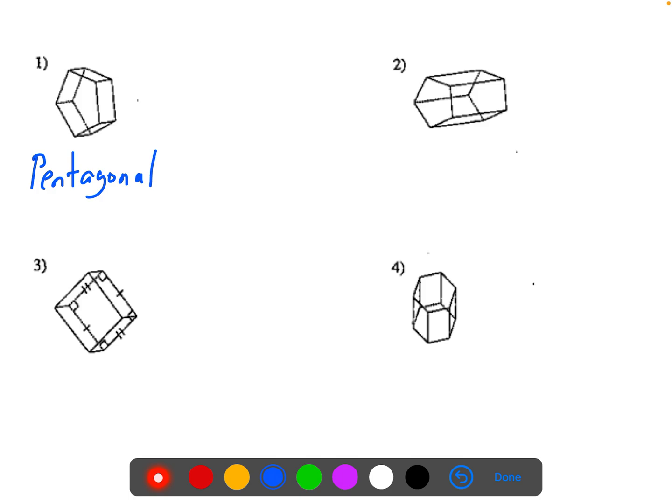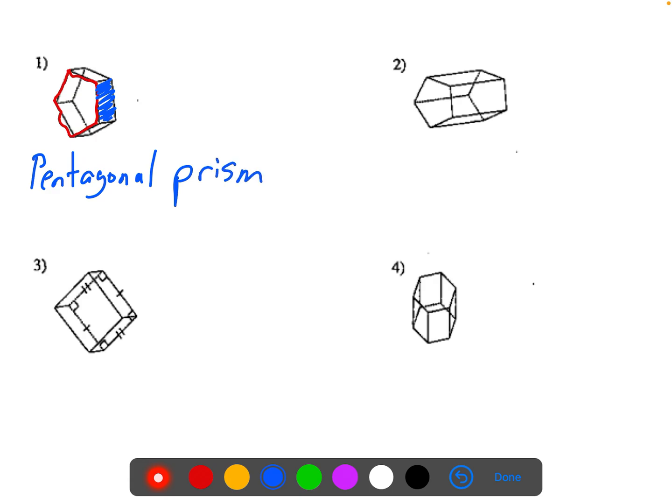Now we have to decide, is it a prism or a pyramid? Does it have rectangular or triangular sides? It definitely has rectangular sides. So again, our base is the pentagon. Our sides are these rectangles here. So it's a pentagonal prism.